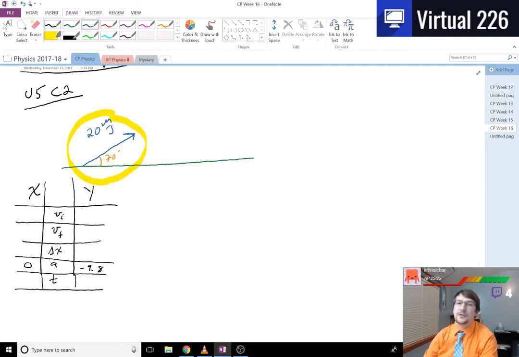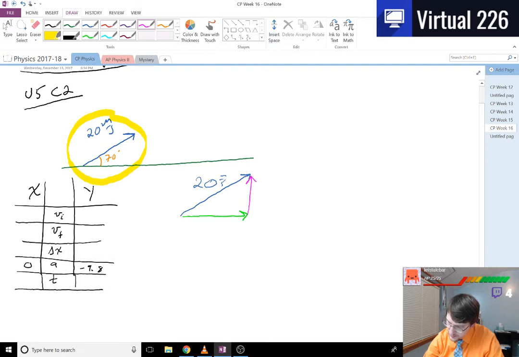This is a velocity triangle, not a distance triangle or a displacement triangle. For this velocity triangle, since we know this side here is 20 meters per second, and we know with respect to an x-axis and a y-axis that it would form 90 degrees, we happen to know that this angle here is 70 degrees.